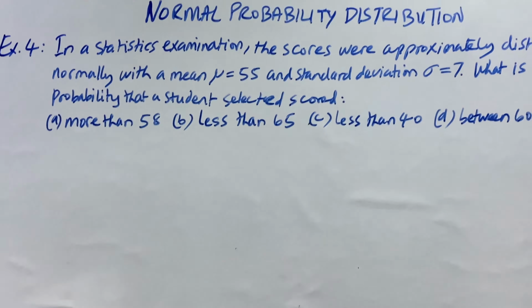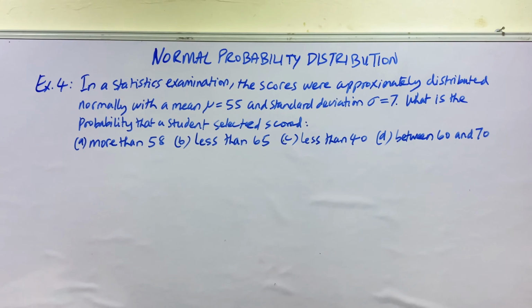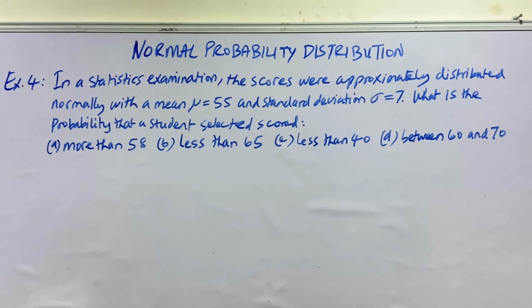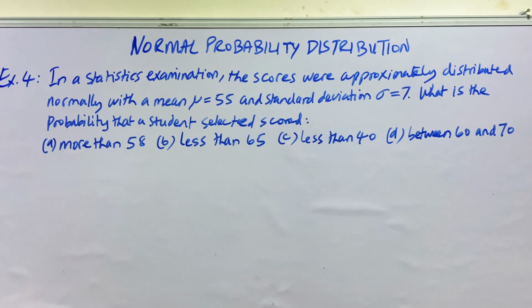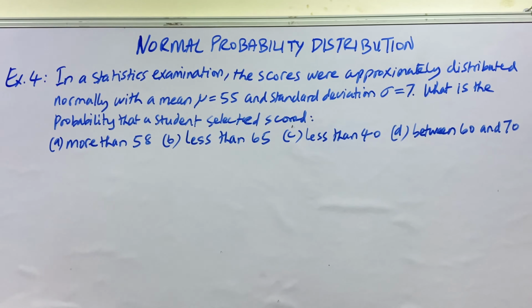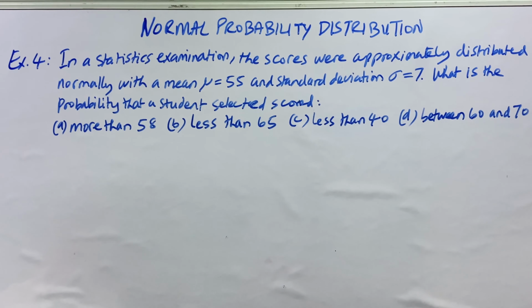As you can see up here, we have example 4. And the question is, in a statistics examination, the scores were approximately distributed normally with a mean of 55 and standard deviation of 7.